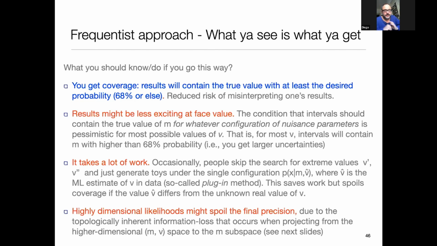So if you have many dimensions, if you have many nuisance parameters, chances are that by putting yourself always in the most pessimistic case of those nuisance parameters will make your final inference almost non-informative. So your measurement will have huge uncertainties, which cover, yes, they will cover, but they do not bring much information. And of course, the other drawback is that it takes a lot of work.